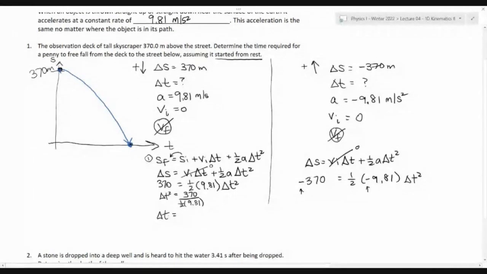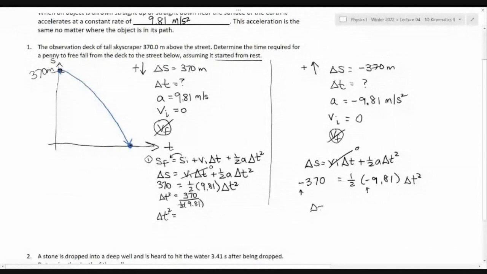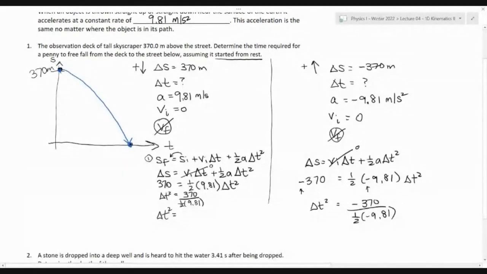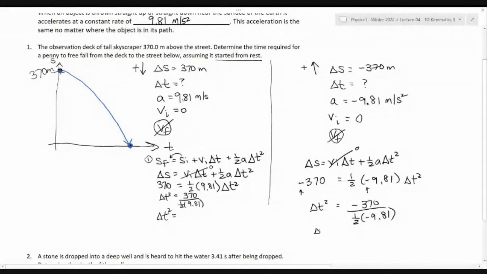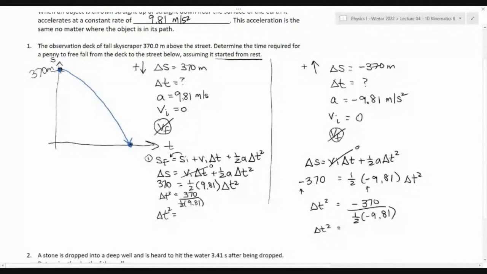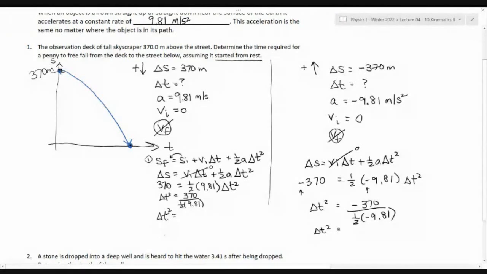Delta t squared equals... What are we getting for delta t squared?